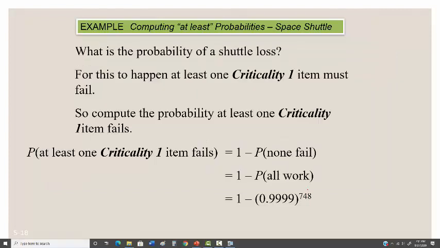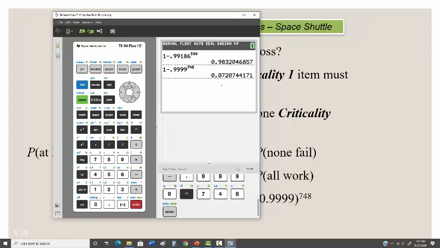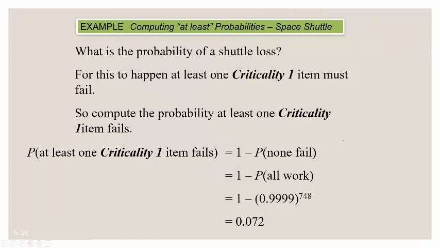Well, if you plug this into your calculator, 1 minus 0.9999 raised to the 748th power, the probability that even before takeoff the shuttle wasn't going to make it home is over a 7% chance. It's 0.072 probability, okay, or a 7.2% chance that the shuttle wouldn't make it home even before it went into space.